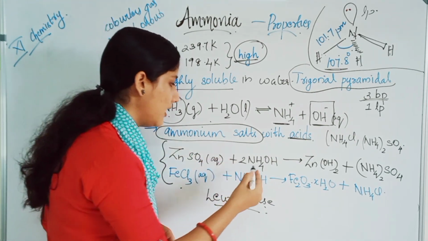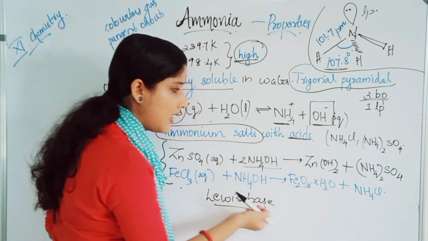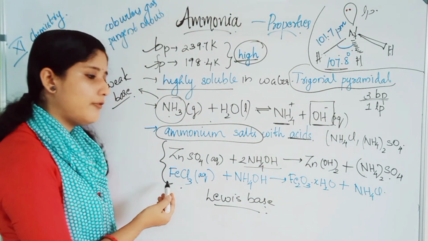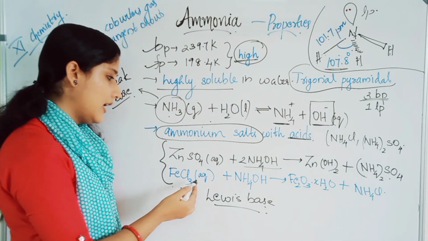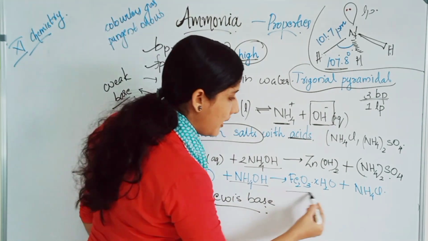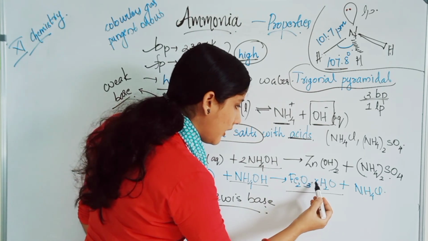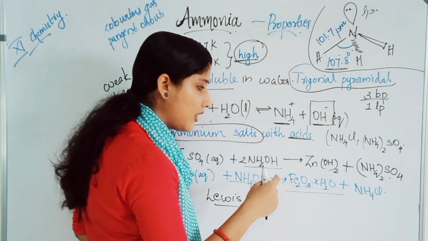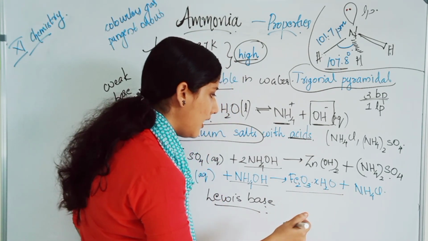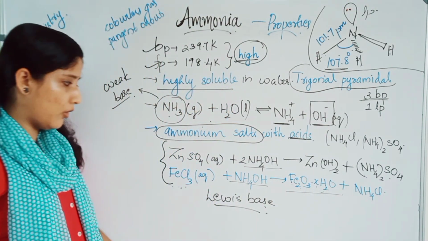Ferric chloride reacts with ammonium hydroxide to form Fe2O3·xH2O, which are hydrates, or hydrated oxides we can say, and ammonium chloride is formed.